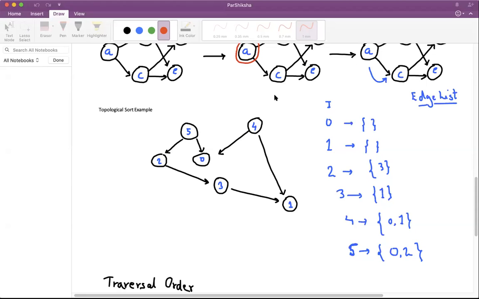So that is one constraint that may be required, because you want some priority to be given to parents before children. There could be problems in the real world that require that. So how do you end up doing that?